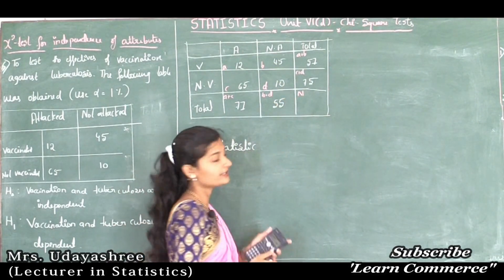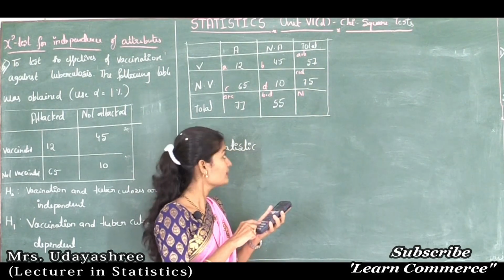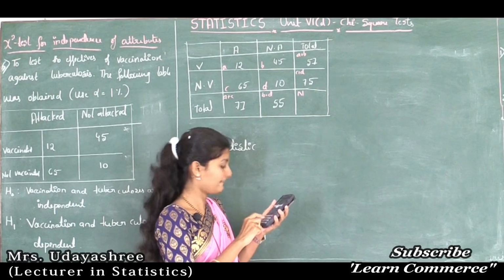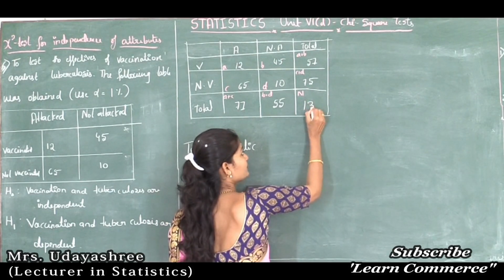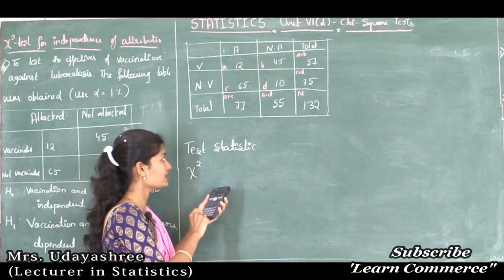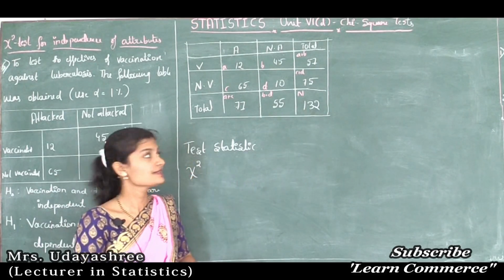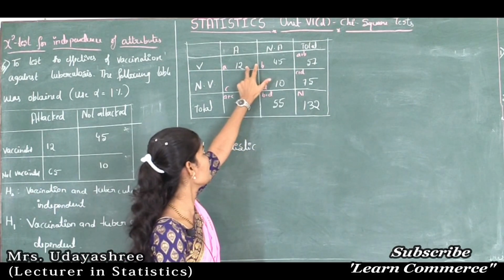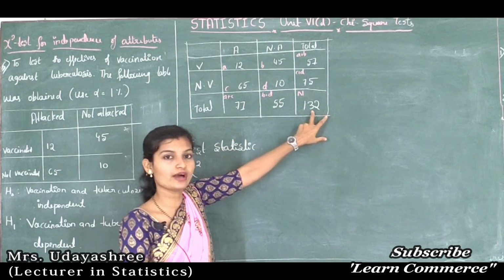Then what is capital letter N? First I calculate 57 plus 75, that is 132, and to cross check, 77 plus 55 is also 132, or else 12 plus 45 plus 65 plus 10, that is also 132.